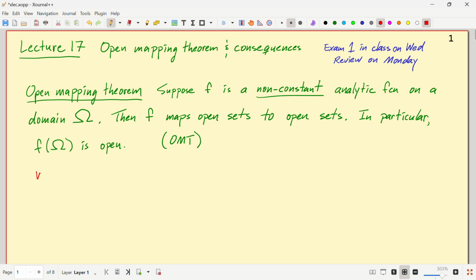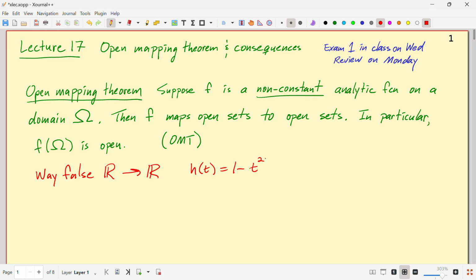It's important to realize that this is way false for real valued differentiable functions. A very simple example, the easiest example I can think of is if you take h of t equals 1 minus t squared.